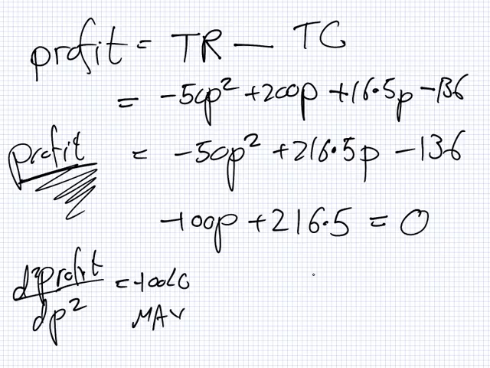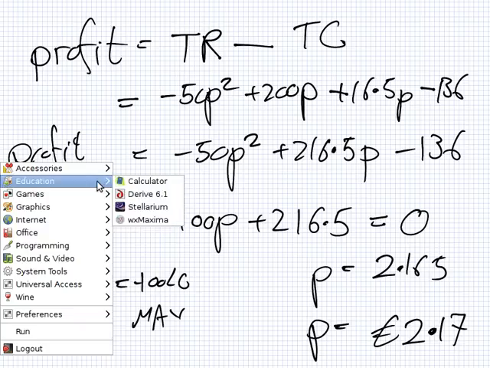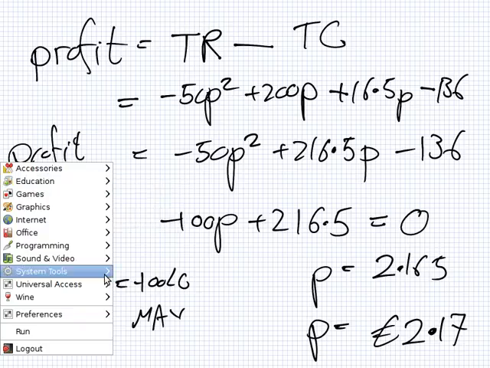When I solve this, what do I get for P? 2.165. So the best price is 2 euros and about 17 cents. Although, since most places round to 5 cents, probably they should pick something like maybe 2.20. But we'll just keep it at 2.17. Now, I just want to show you that on a graph here.